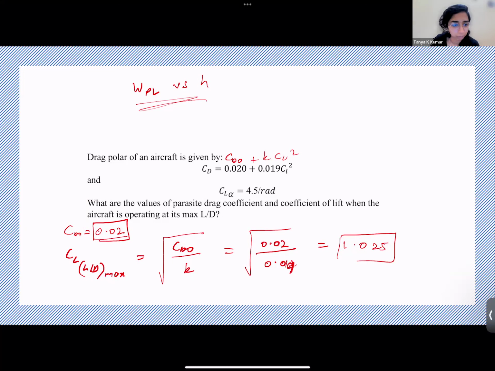So that is payload versus range, right? Okay, let me look into payload versus altitude. We'll get back to you next week. But meanwhile, all of you also do look into it.